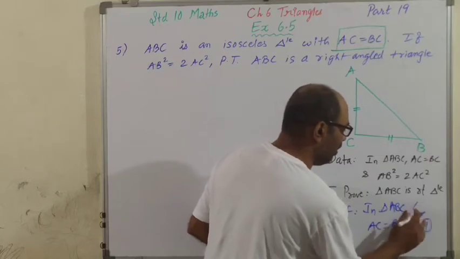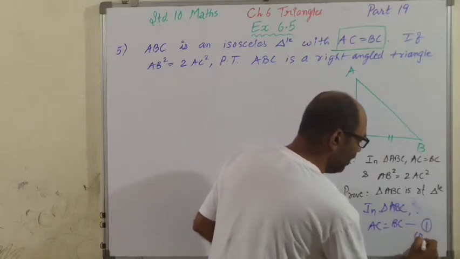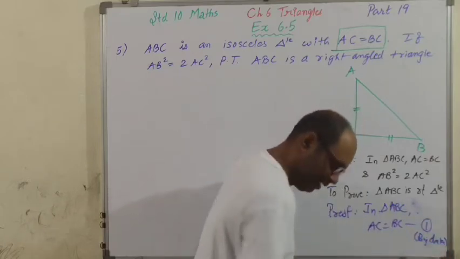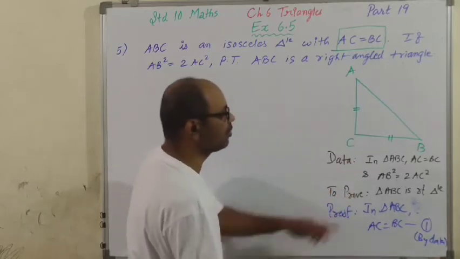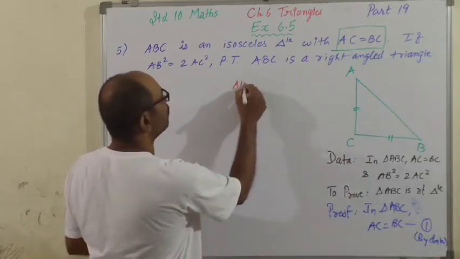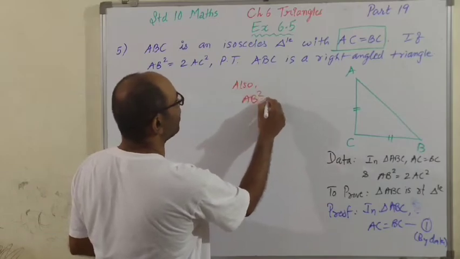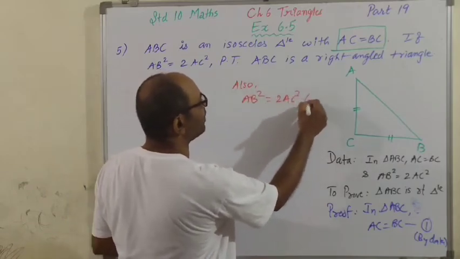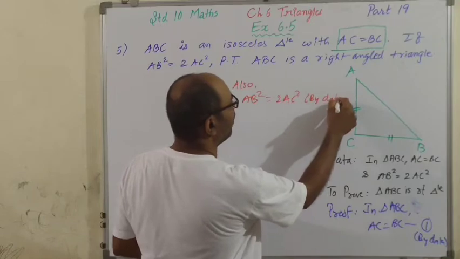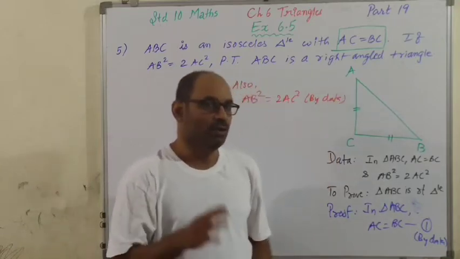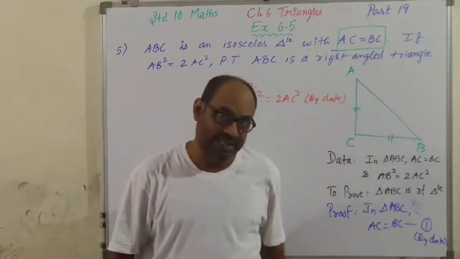Let me call it result 1, and this is by data. Also, AB square is equal to 2 times AC square by data. As I said, though it is very easy, you will have to think.